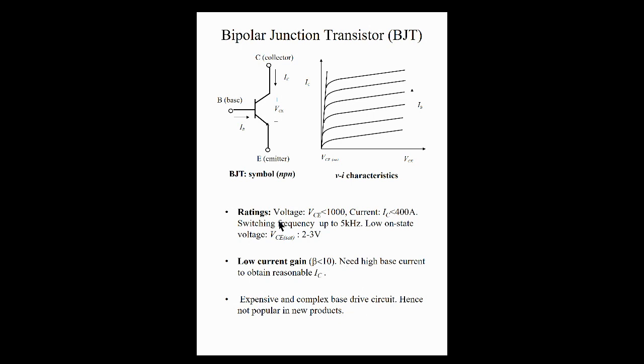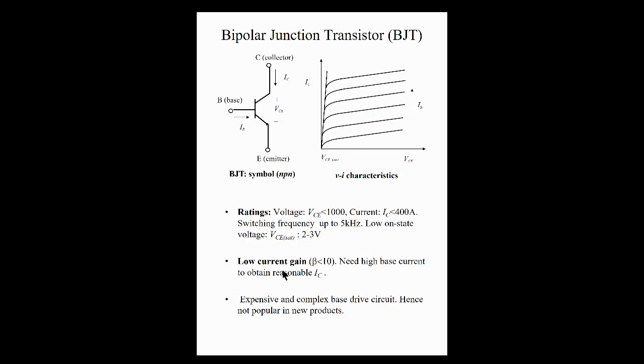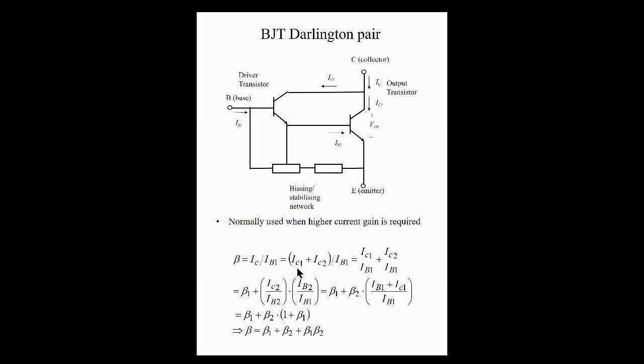So now this device is not so popular in power electronics. So if there's a time where we need to increase the drive current, then you can use this combination. We refer to it as a Darlington pair, where we turn these transistors back to back in this fashion.